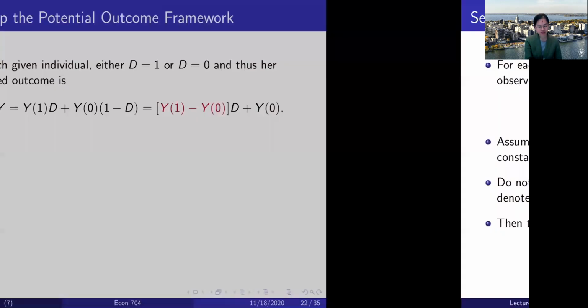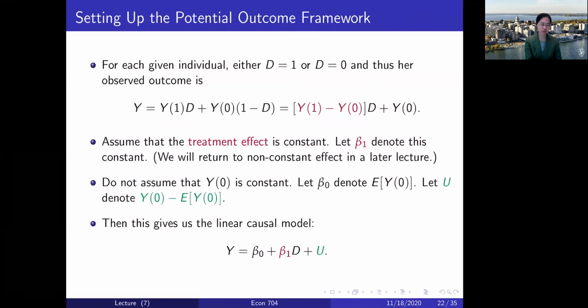Let's make a simplifying assumption. Assume that the treatment effect doesn't vary across individuals. So it's homogeneous across individuals, or it's constant. Let's assume that this is a constant, and we use beta 1 to denote this constant.